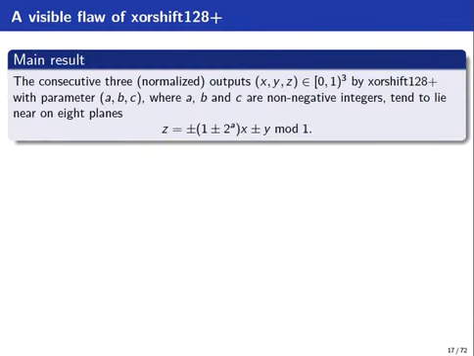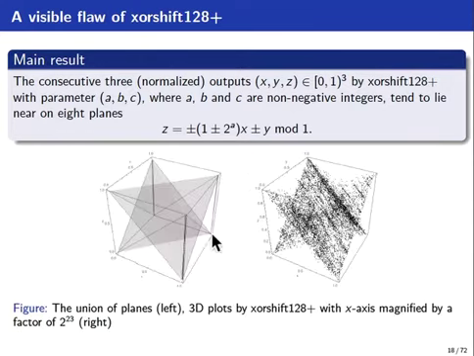From these experiments, we analyzed Xorshift128+ and derived this result. The consecutive 3 outputs x, y, and z by Xorshift128+ with parameters a, b, c, where a, b, and c are non-negative integers, tend to lie near the 8 following planes.